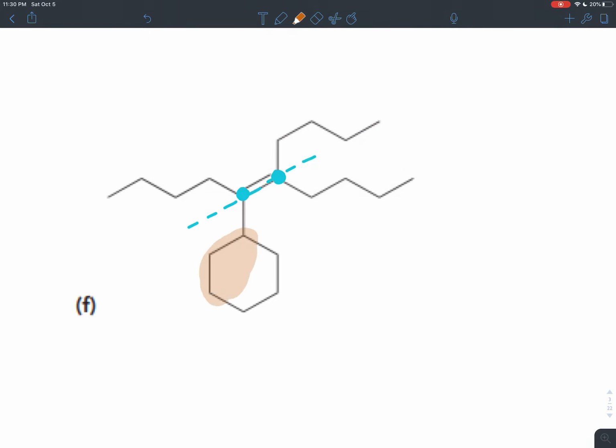We have this cyclohexyl group going down, and then going up we have a butyl group. Now on the other carbon, we have a butyl group going up and a butyl group going down.